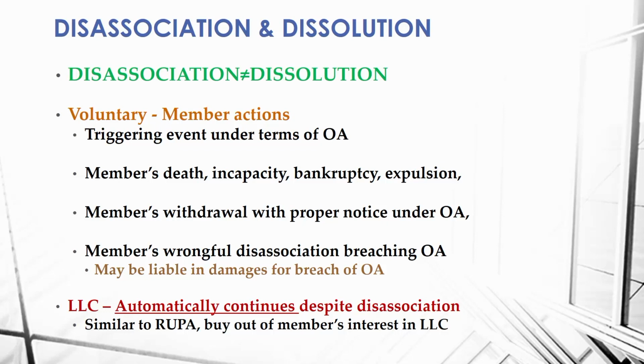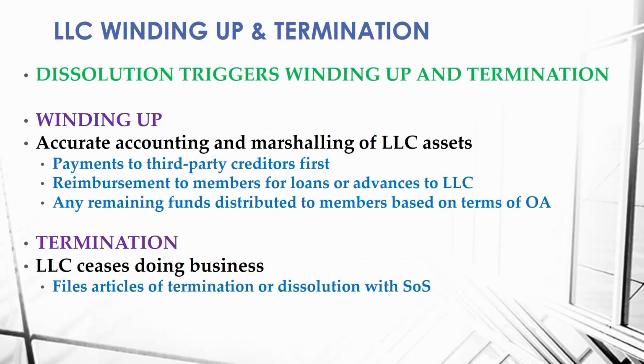Now, the LLC, because it's like the corporation, it can continue despite a disassociation, right? So the idea is similar to RUPA, you can buy out that member that wants to go. Or it may be a case that they want to leave and they don't have a right to, then you can sue them for damages for harming the LLC. But just because somebody leaves, it does not mean that the LLC is going to go away. It can have perpetual duration, like a corporation.